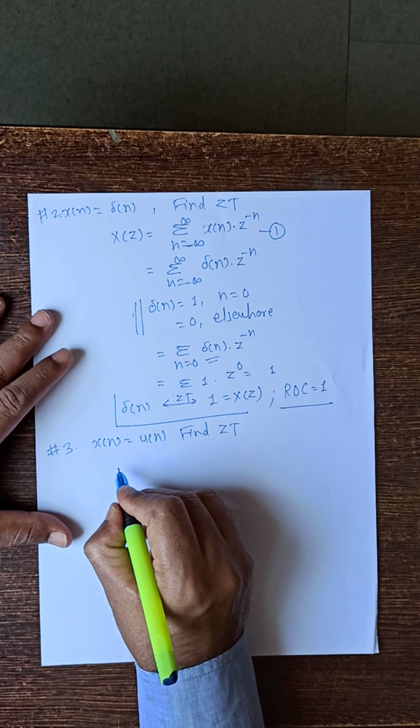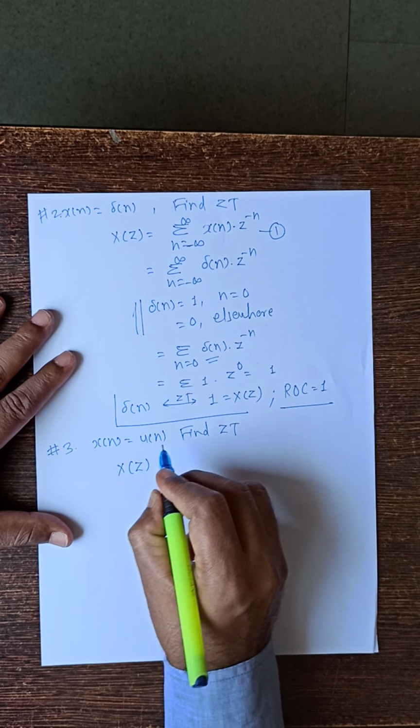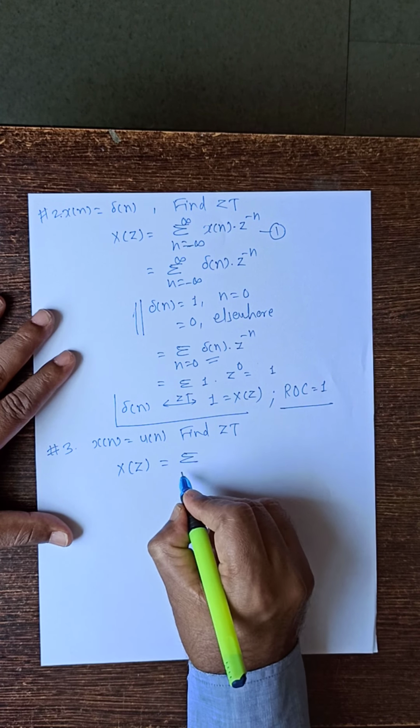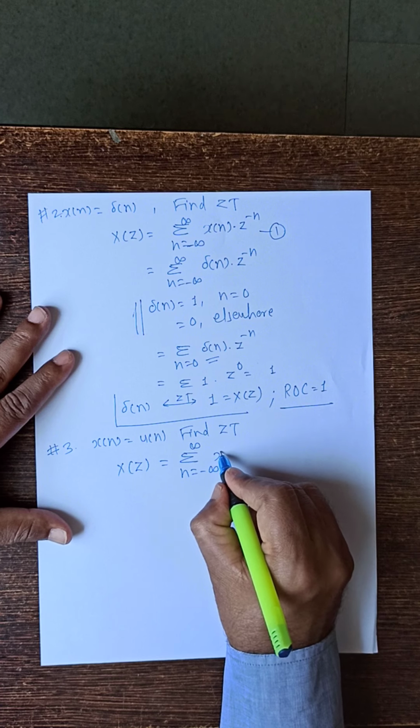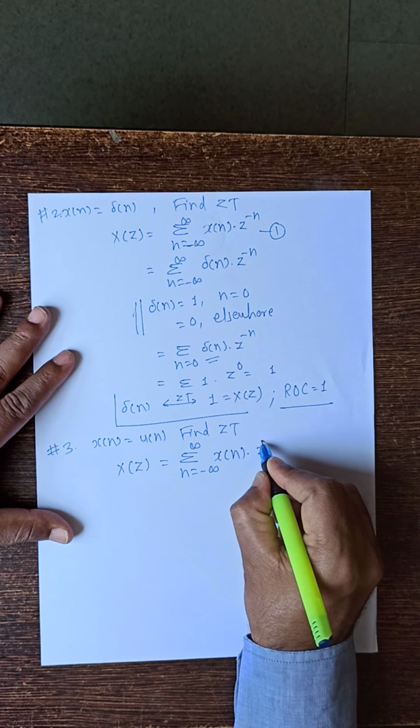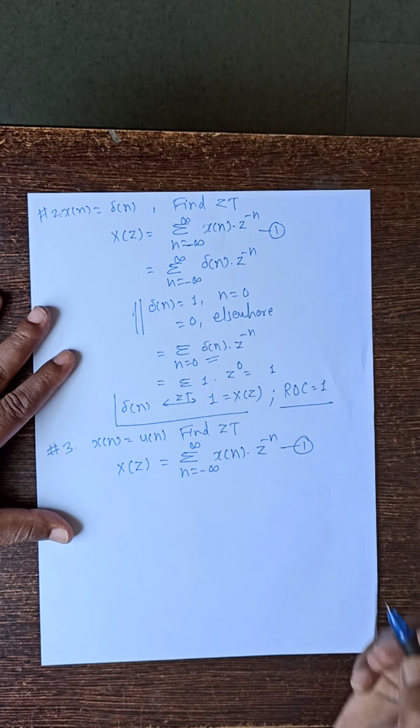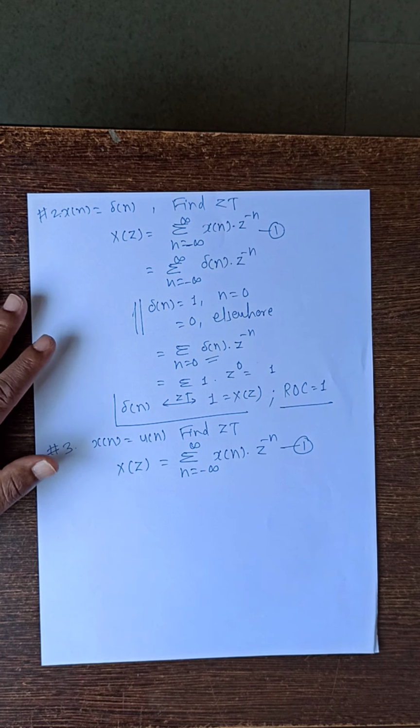So we'll write X(z) is equal to summation n equals minus infinity to plus infinity x of n z raised to minus n. Let it be equation number 1.